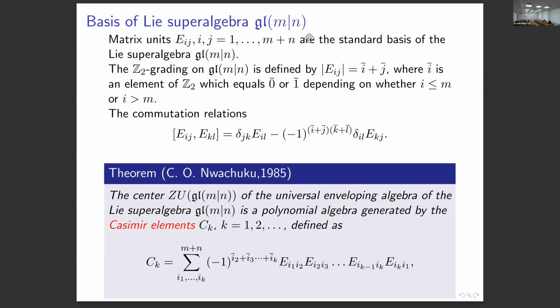This is the same as the GLN case, except for this sign, where the power runs only from I2 to IK, with no I1. For example, C2 is the summation of (-1) power J bar times E_IJ E_JI. You only have J, not I. So this is the structure of the center.